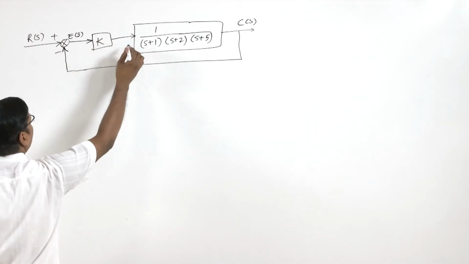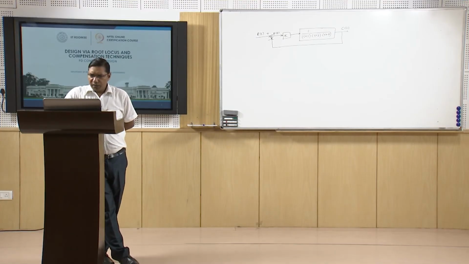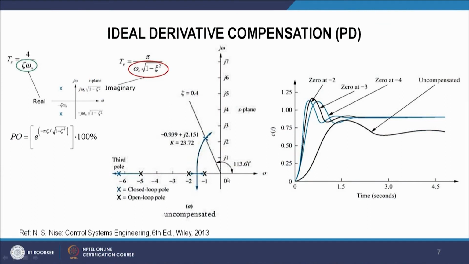This is an uncompensated system, and we have a transient response corresponding to the damping equal to 0.4 line. So we want to keep the percentage overshoot, or damping, corresponding to this line. At the same time, we want to reduce the settling time. So we want to improve the speed of the response. So a faster response we want.